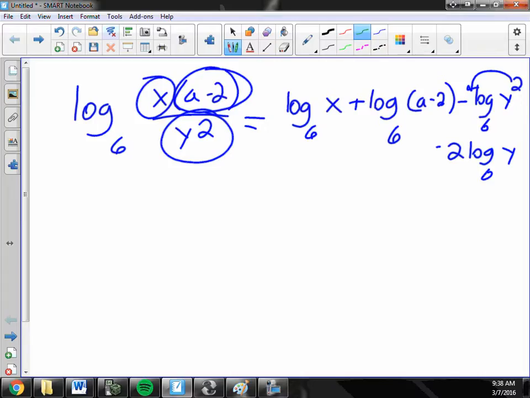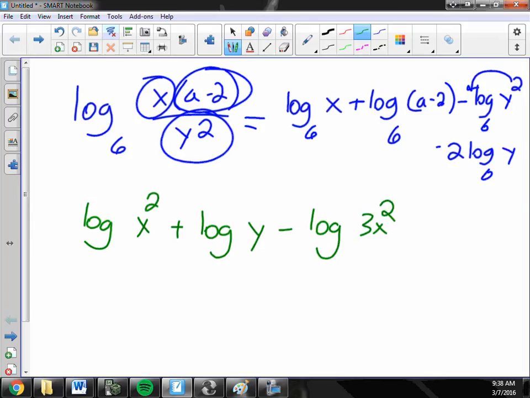Okay, what if we went backwards? Well, I'm just going to do base 10. Log of x squared plus log of y minus log of 3x squared, plus, well, let's do minus log of 3y.